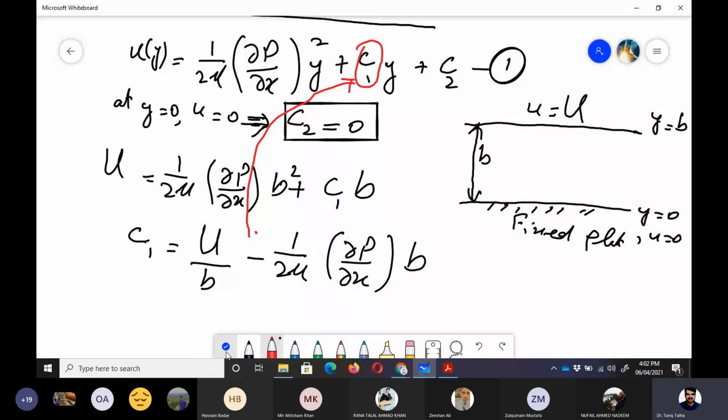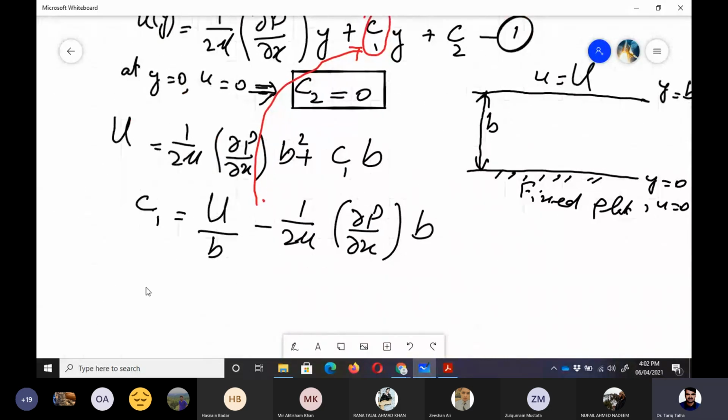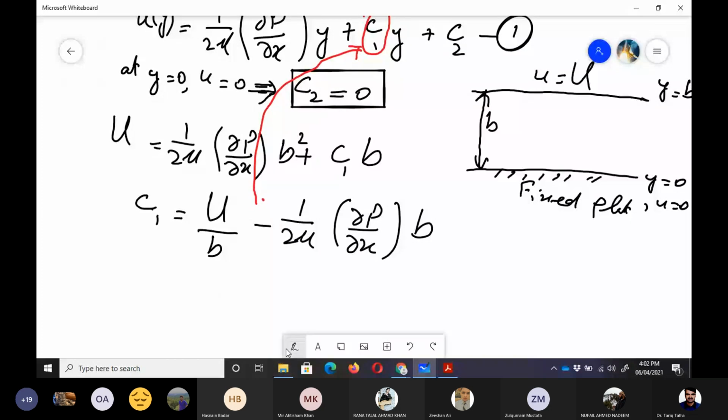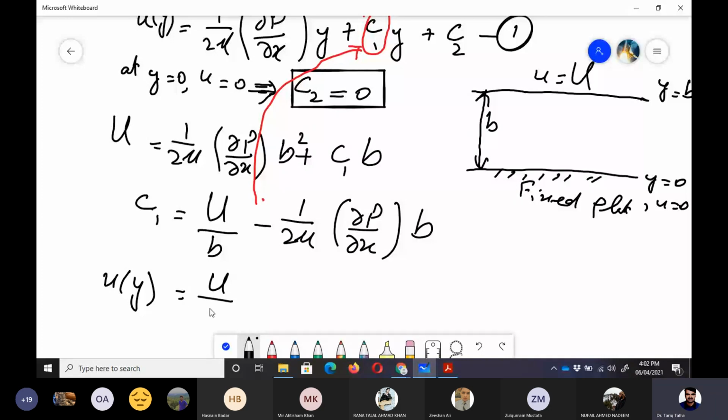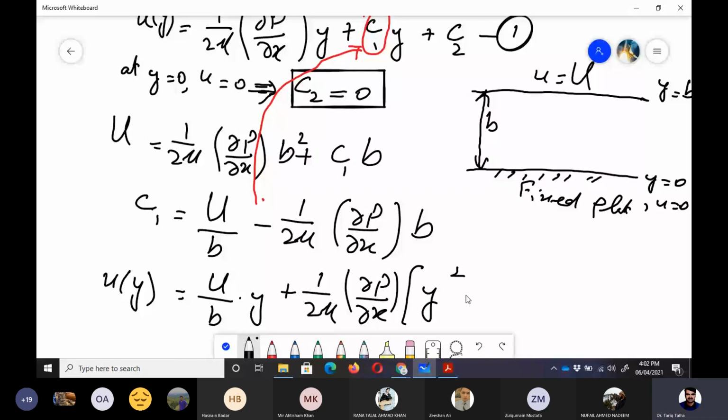If we put this value here, we can say that u of y is equal to U divided by b into y, because y is being multiplied here, and then the next term we can write like this: 1 upon 2 mu partial p by partial x into y square minus by.